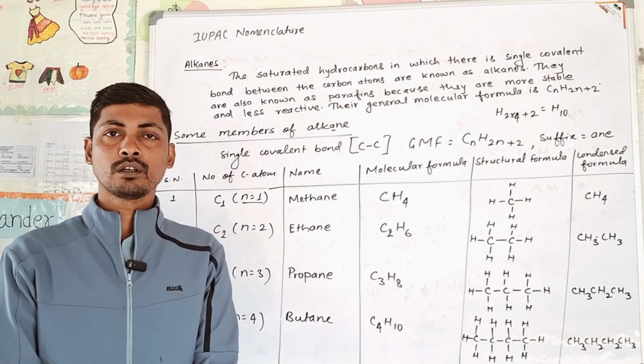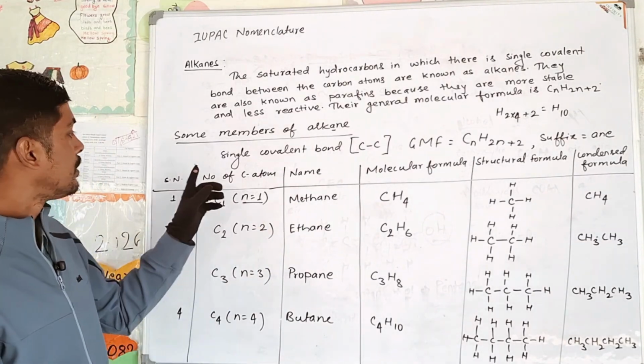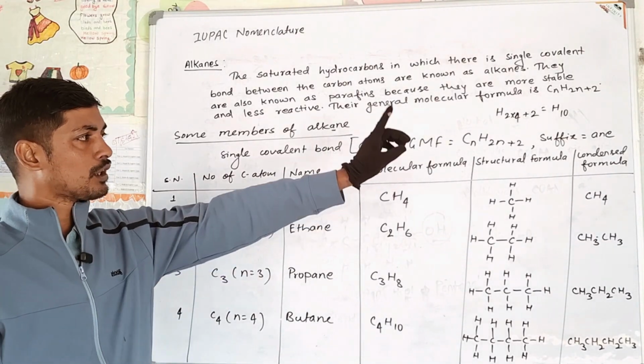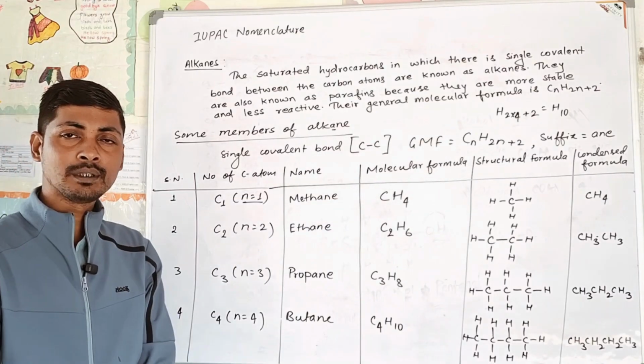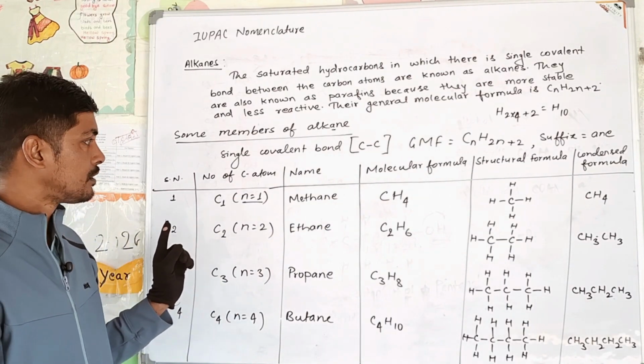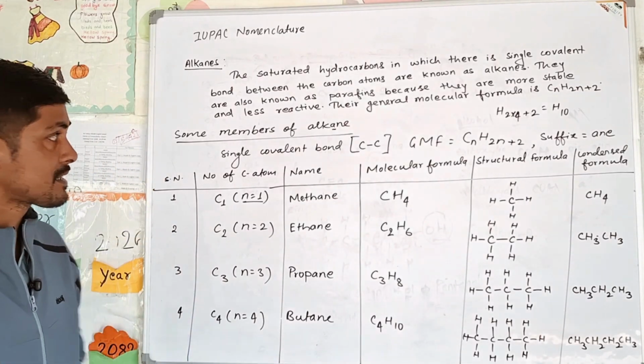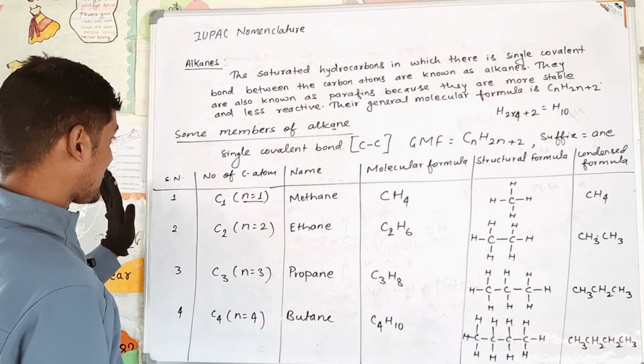So in this way, we have to write the name, molecular formula, structural formula and condensed formula of any member of alkane. So after this, we will discuss the alkenes. Now what happens in alkenes? Let's see.